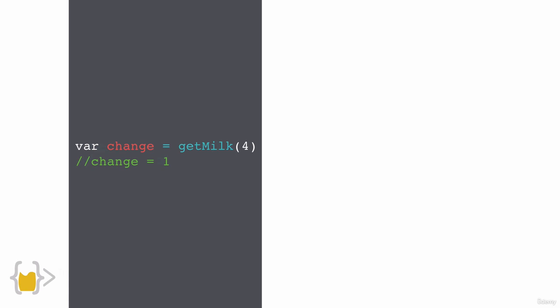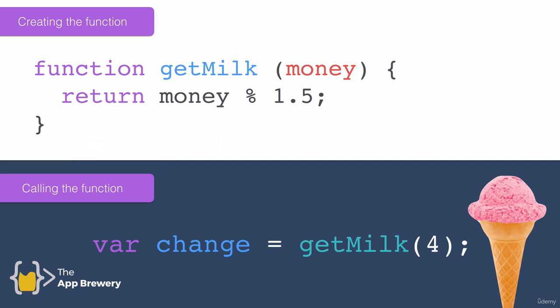And change will equal 1. Because remember, each bottle of milk costs 1.5, so $4 only gets you 2 bottles of milk, which costs $3, and that gives you a remainder of 1. So now the output of this entire function is equal to 1, and that gets assigned as the value to the variable change.